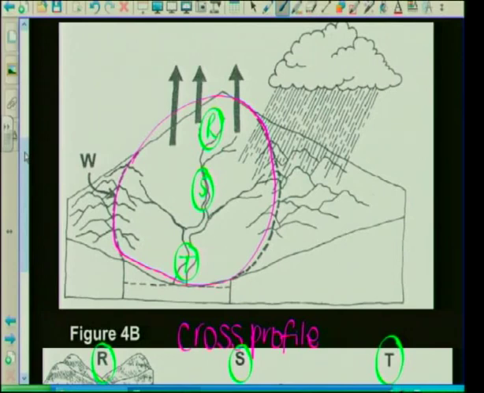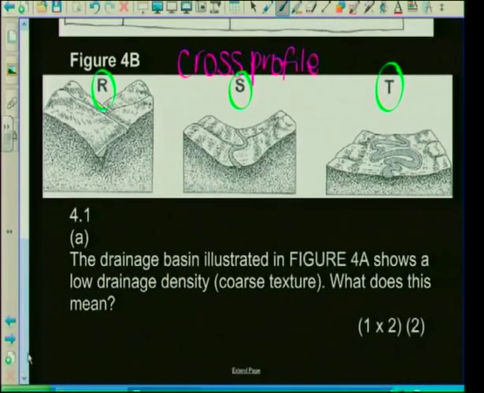So if we've got a low drainage density, you will see that the total length of the streams in this drainage basin are small compared to the area of that drainage basin. So what does a low drainage density mean? It means that the total combined length of the streams within that drainage basin is small in comparison to the area of that drainage basin.